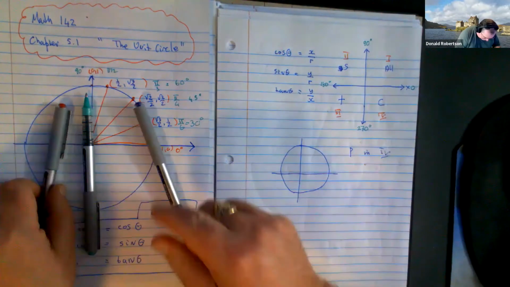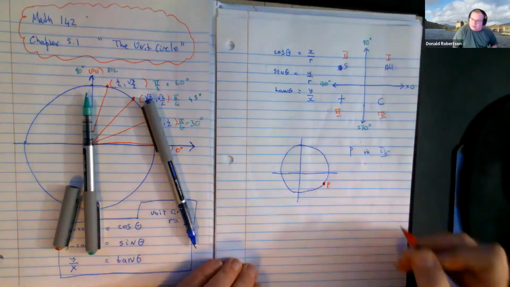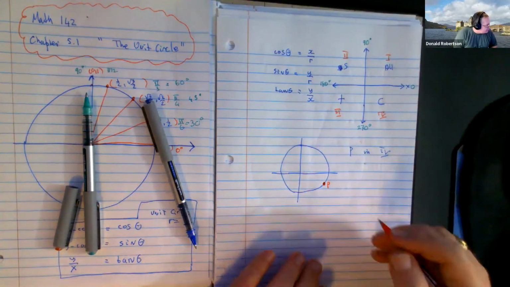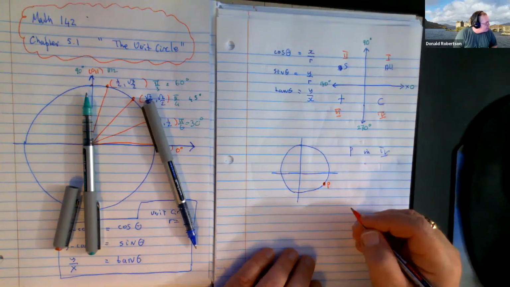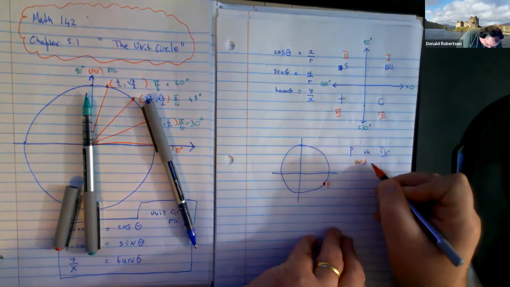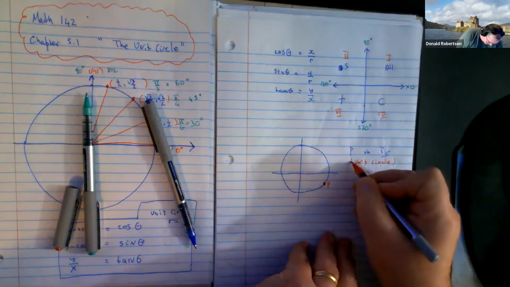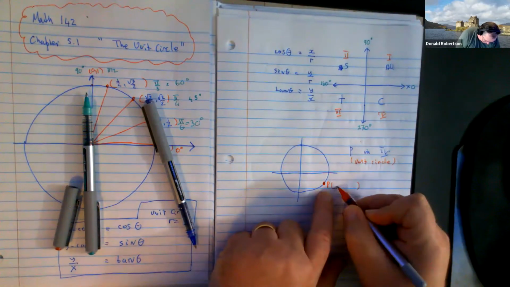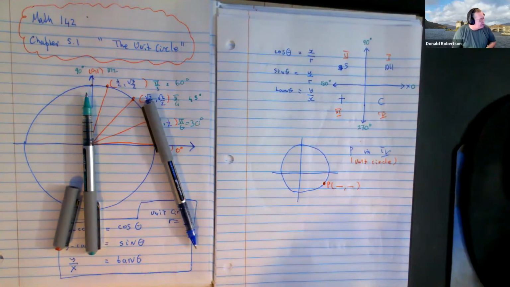So that makes it somewhere down here, right? And let's suppose I tell you that in this case, it lies on the unit circle as well. So this one will be a unit circle. And I would like to know that guy's coordinates.